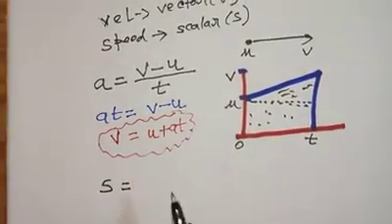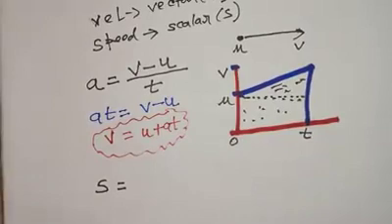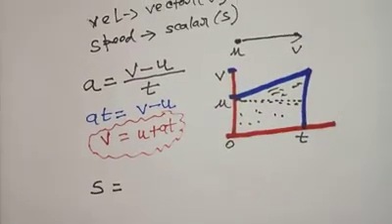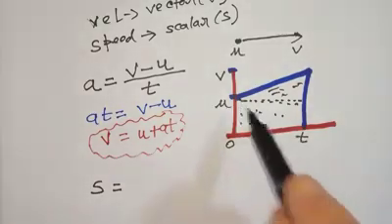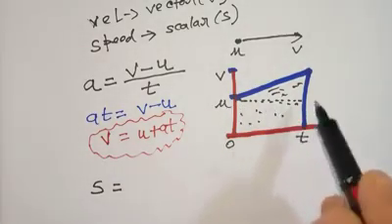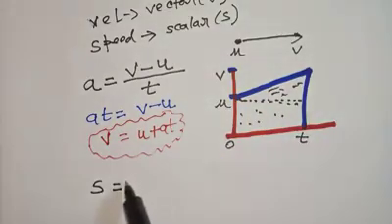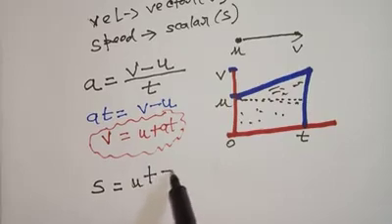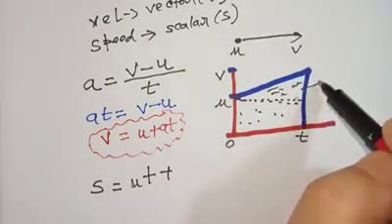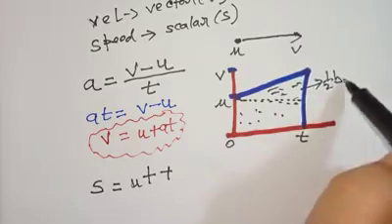So we can write s equals ut. Why? Because we have to take the area of the length and breadth, that is this part, which is the parallelogram. So we write it as ut plus, what is the area of a triangle? We know it is half base multiplied by height.